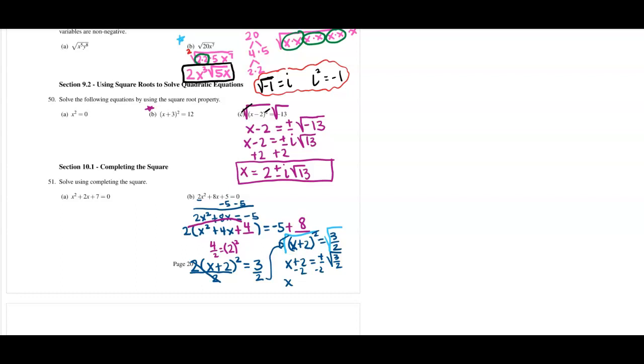So x equals negative 2 plus or minus the square root of 3/2. Right? If we have that whole fraction inside the square root, make sure it looks that way in your answer, not that it just looks like the top number is inside the square root, right?